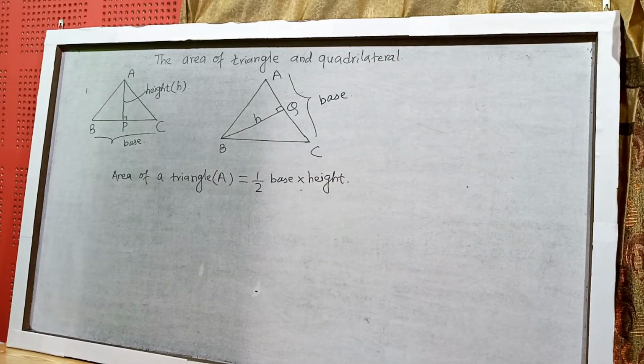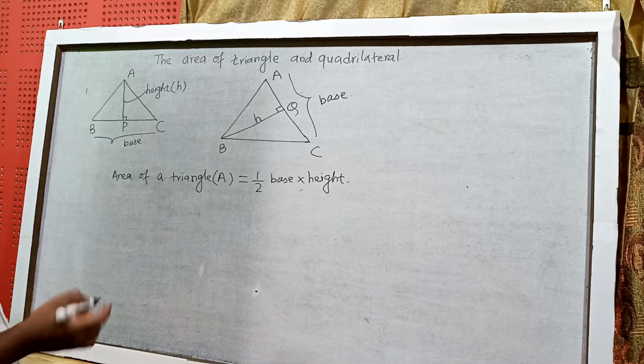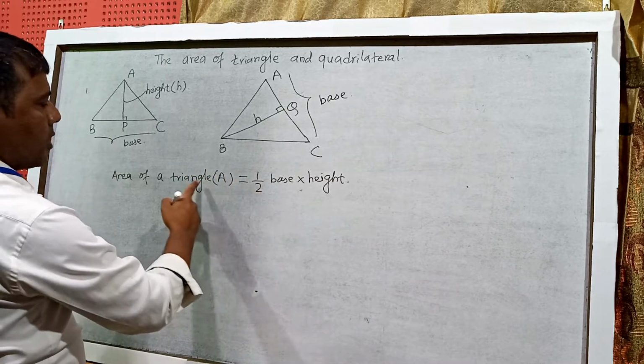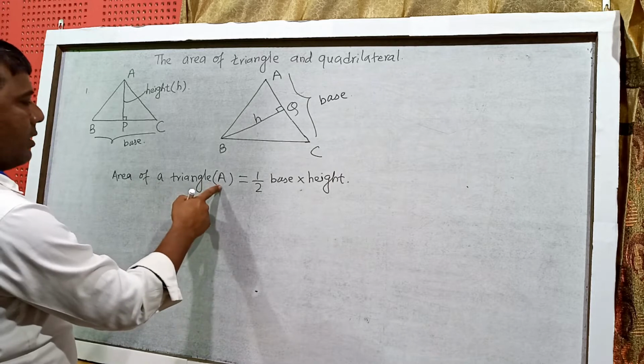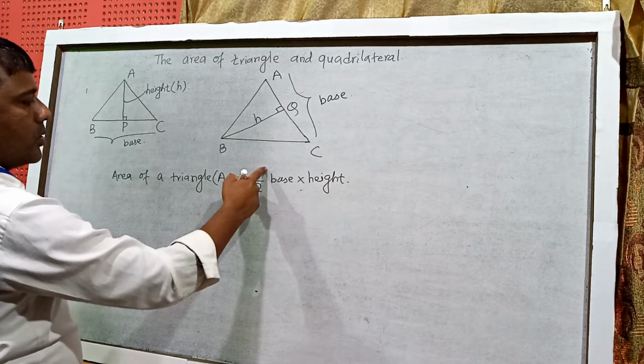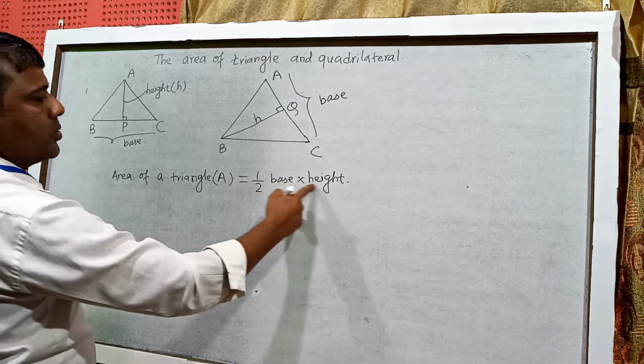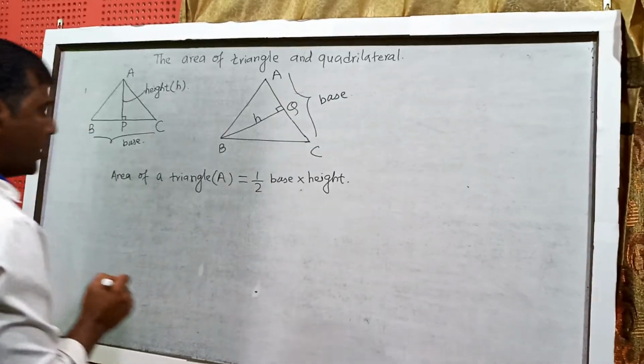To calculate the area of a triangle, we use this formula. Area of a triangle A equals 1 by 2 base into height.